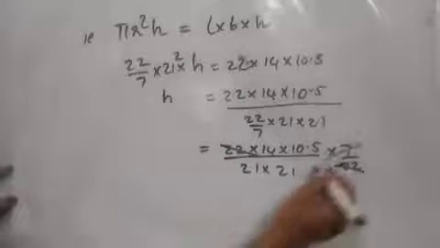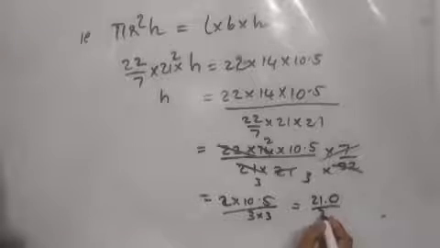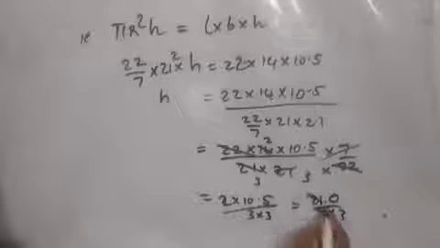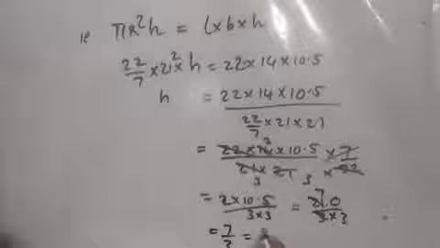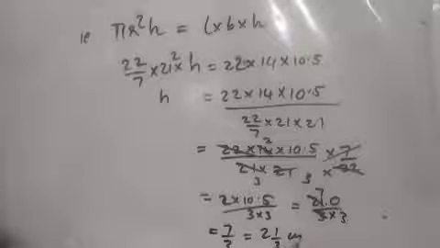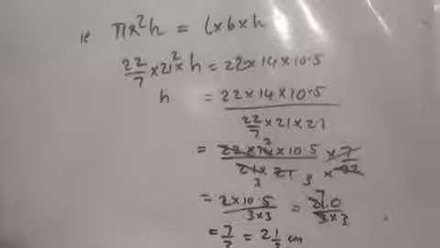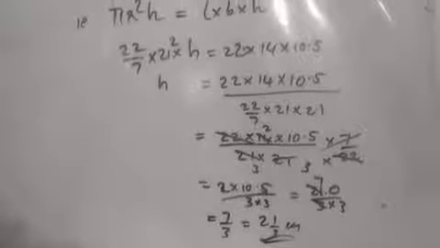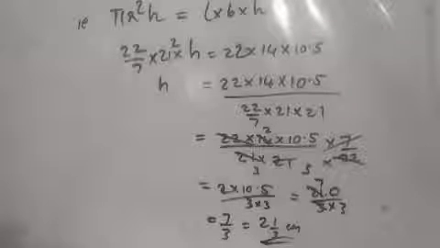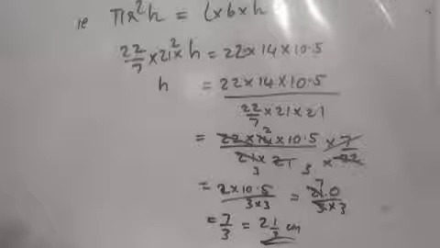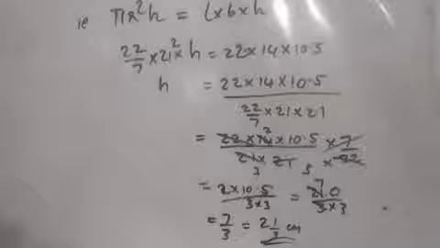Cancel out and simplify. 7 and 21 also cancel, so we get 21 by 3 into 3, or 7 by 3. What is 7 by 3? It's 2 1 by 3 centimeter. That is the rise in water level. 2 1 by 3 centimeter is the rise in water level.